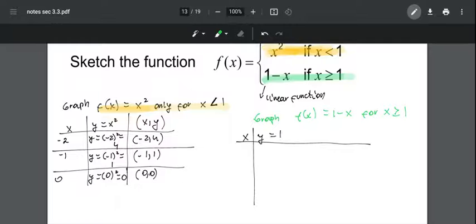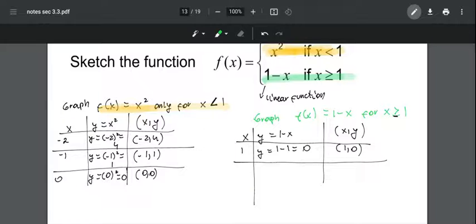So y is equal to 1 minus x. Since it's a linear function, we need only 3 points to graph it. So the first x which I can select is 1. So y will be equal to 1 minus 1, which is 0. So we have the point 1 comma 0.